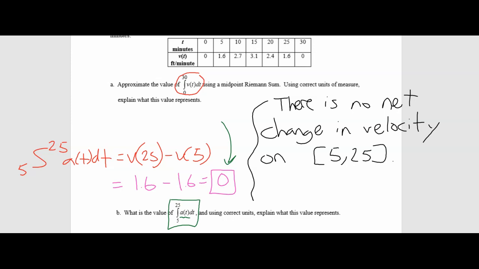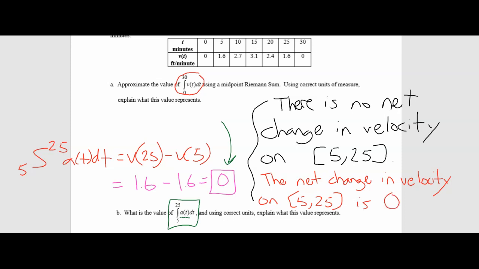Another way of writing this would be to say the net change in velocity on the interval 5 to 25 is 0 feet per minute.